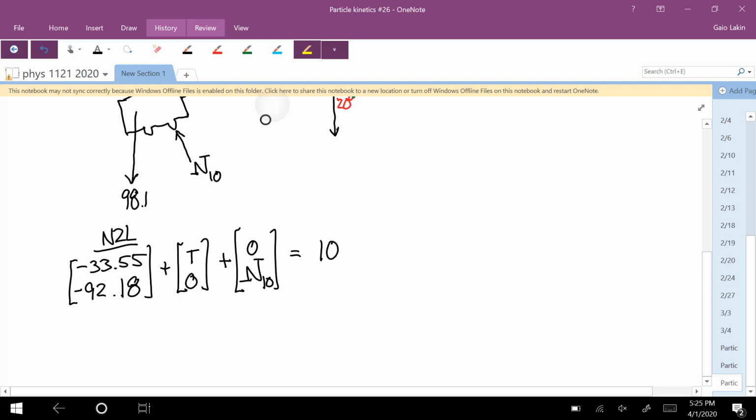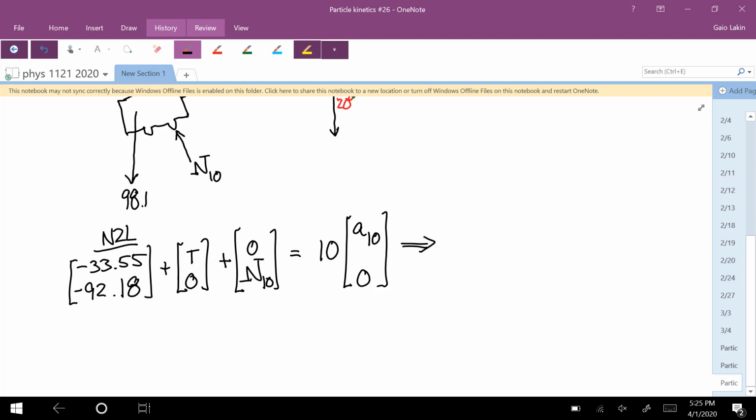So we just have to know for this one that the acceleration, let's call it A10, is along the x-axis. We don't have to know the sign because the sign will work out on its own. We could calculate the normal force from this, but nothing asks for that, I don't think.